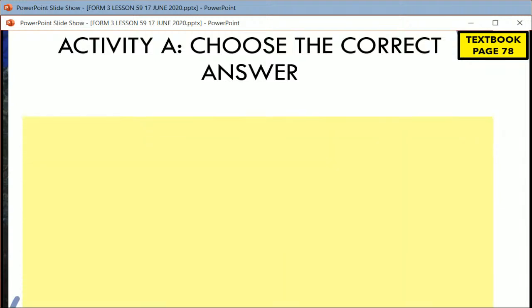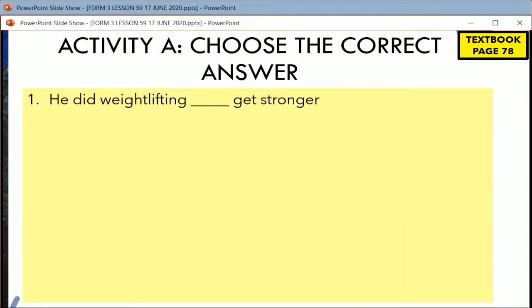Choose the correct answer. He did weightlifting to get stronger. One way for you to figure out how to find an answer in a blank like this is you need to find out what word goes in there.